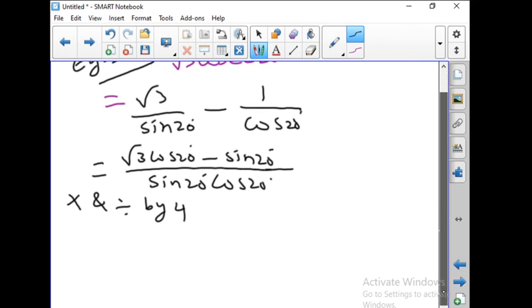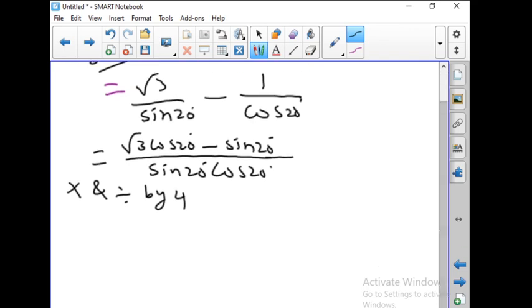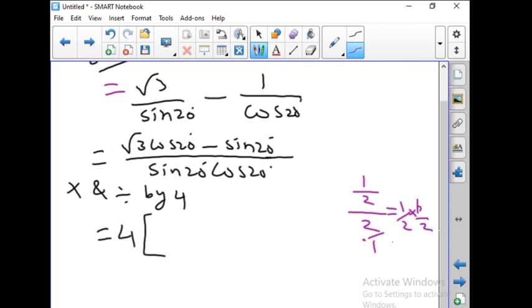Multiplying by 4 you keep it out and dividing by 4, see here 1 by 2 is 1 by 2 into 2, this is also 2 by 1, so it is 1 by 2, so it is equal to 1 by 4.